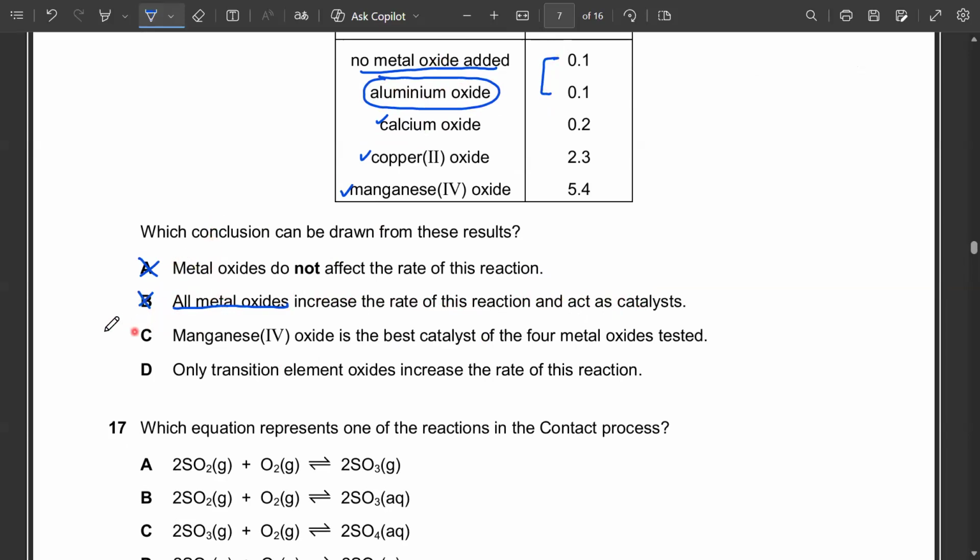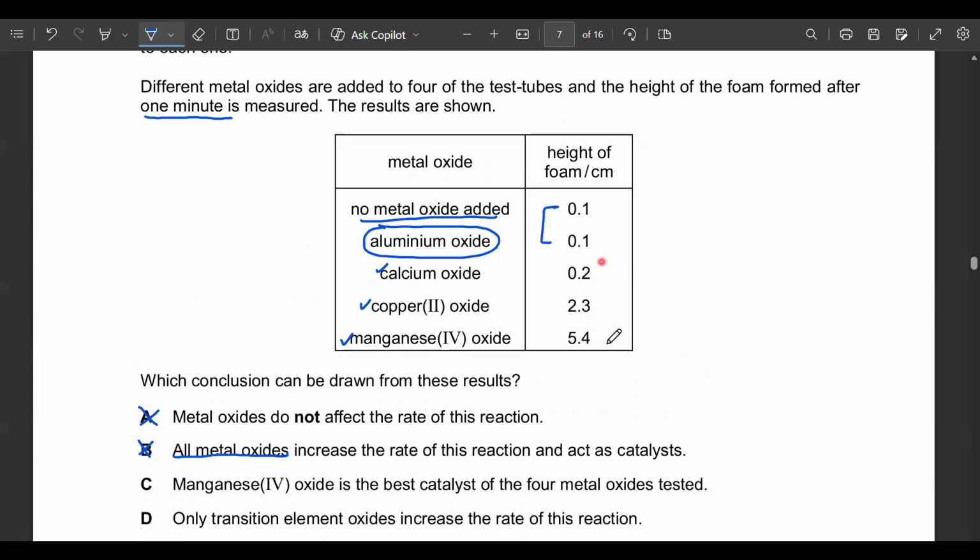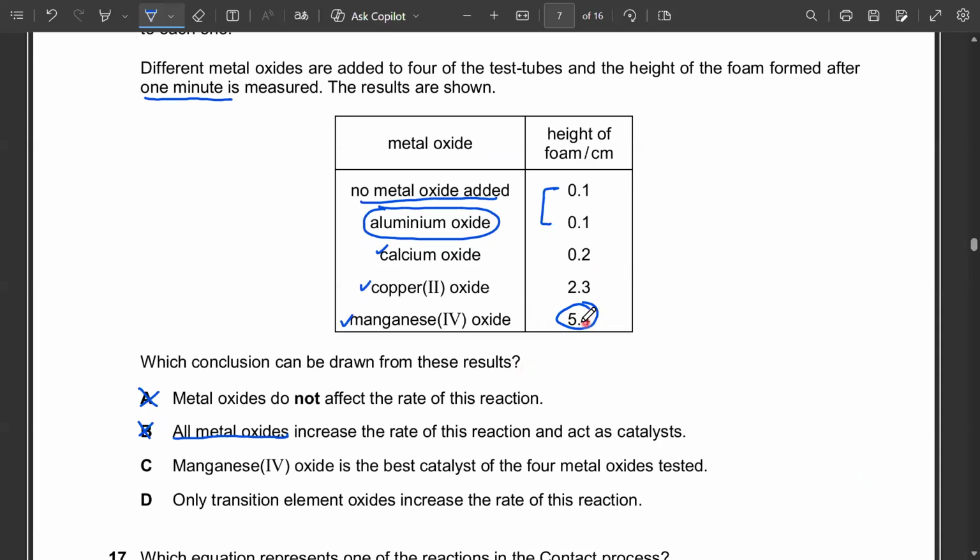And option C says manganese oxide is the best catalyst of the four metal oxides tested. So if we look here, manganese oxide is giving the highest height of foam, 5.4.